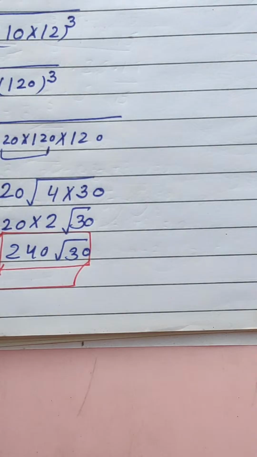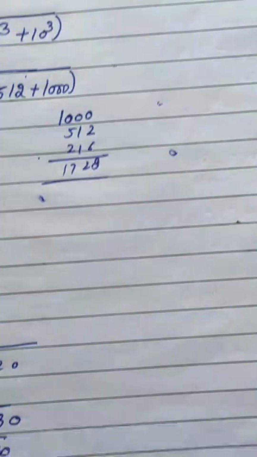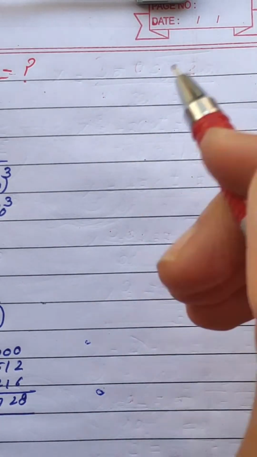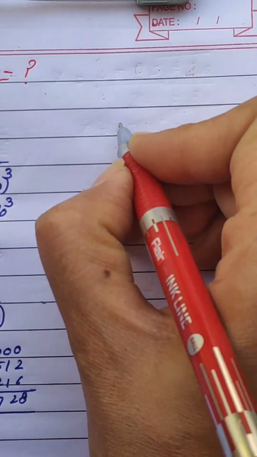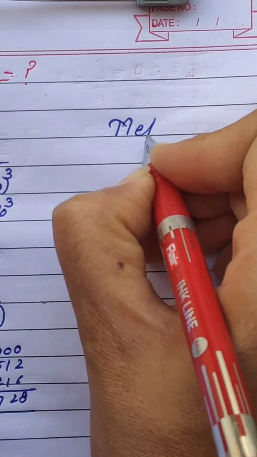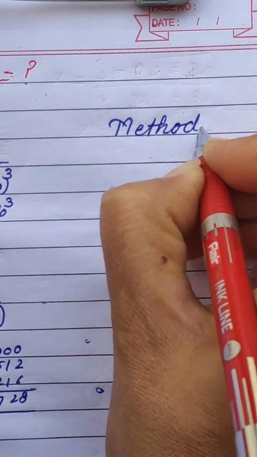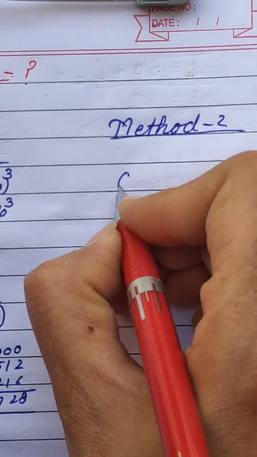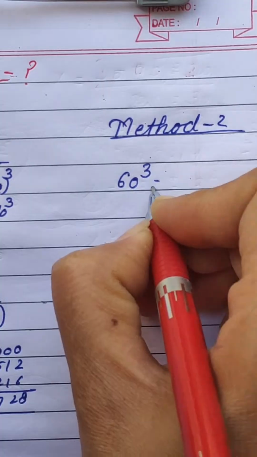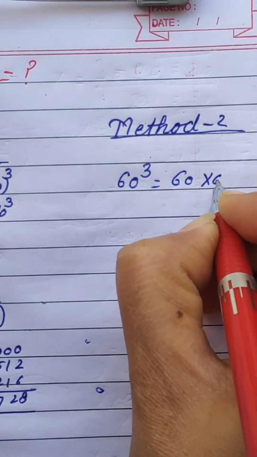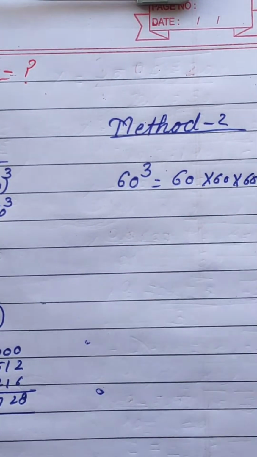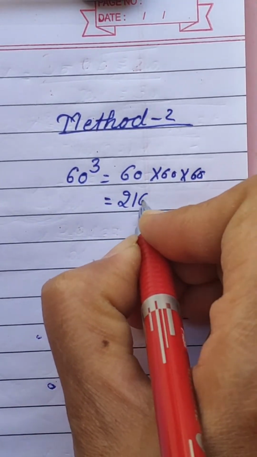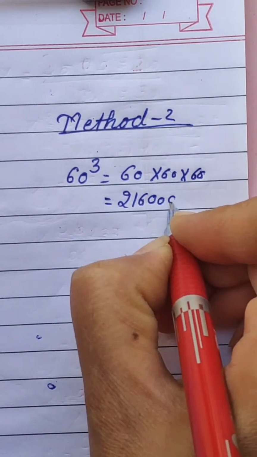Right? So now we go for method 2. So 60 cubed is equal to 60 multiplied by 60 multiplied by 60, is equal to 216,000, right?